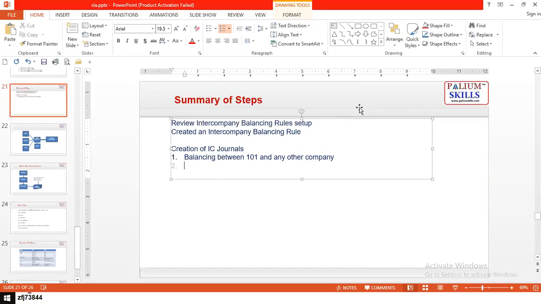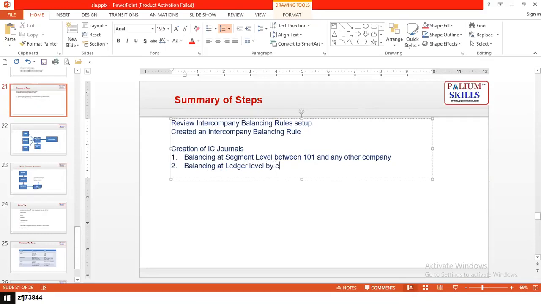The other one we did was between any two countries. So this was balancing at the segment level. Next was balancing at the ledger level.